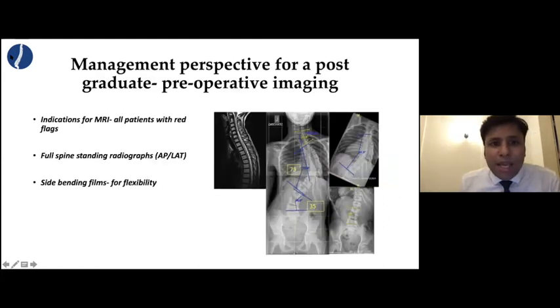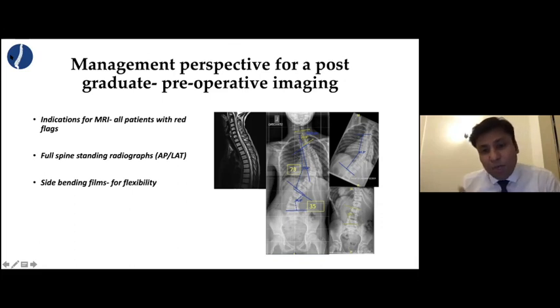Now, again, certain management perspectives for a postgraduate. We'll talk about the preoperative imaging, what minimum preoperative imaging you require. Indications for MRI: all patients with red flags should get an MRI scan done to rule out neurological problems like spina bifida, spinal myelomeningocele, other types of spinal dysraphism like diastematomyelia, syringomyelia, etc. Do full spine standing radiographs, AP and lateral, so that you know what curves you're dealing with.